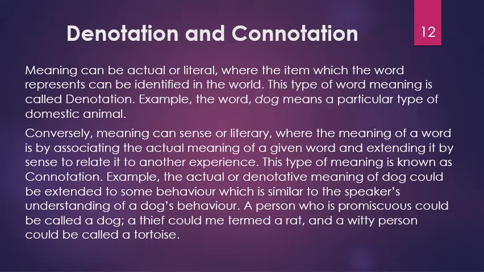But in connotation, you can find that these words have an entirely different meaning. For example, the word lion used as a connotation could refer to something entirely different. If we see something like "Ahmad is a lion," it doesn't mean that literally he's a lion, but rather that he's a very strong person, a very strong character.